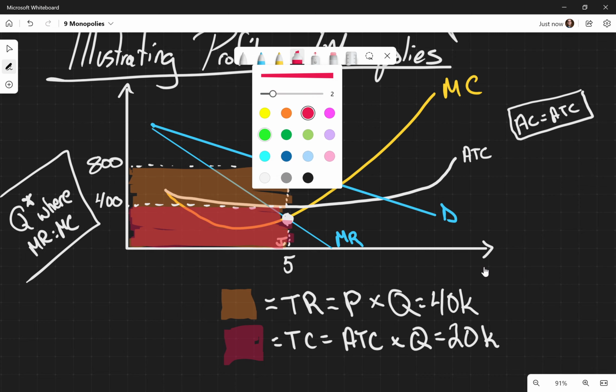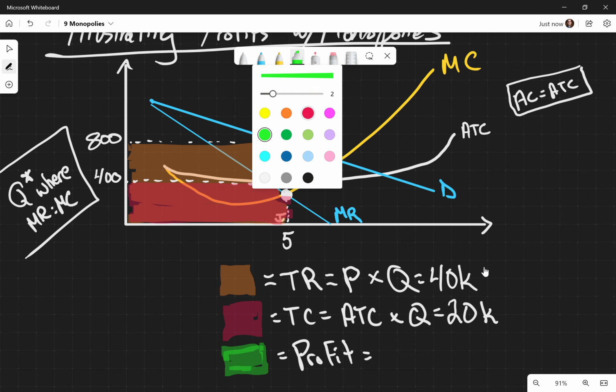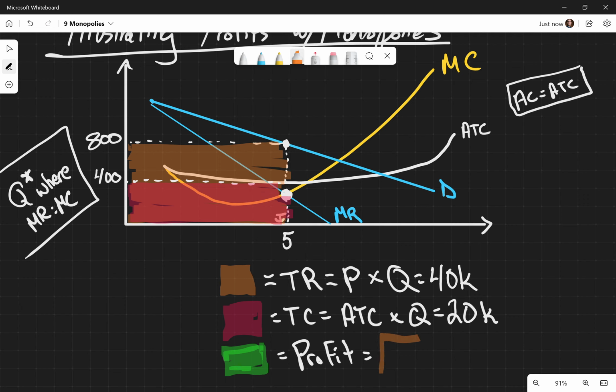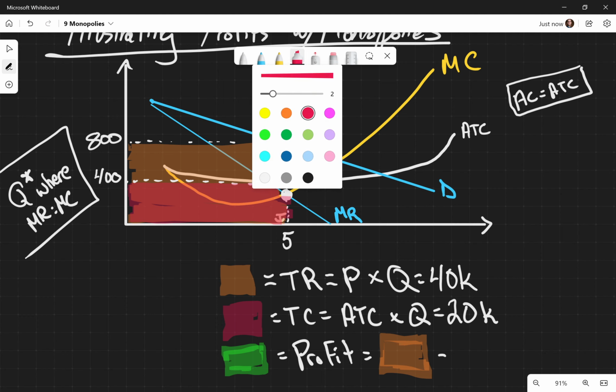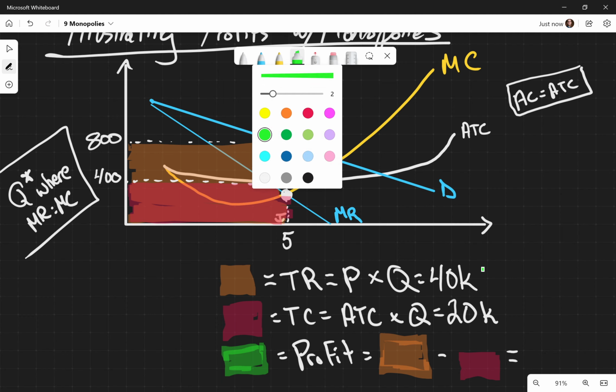Now, the part of revenue that is not cost is known as our profit. And this is going to be my giant total revenue square minus my hopefully smaller total cost square, so that I get a profit square up top.